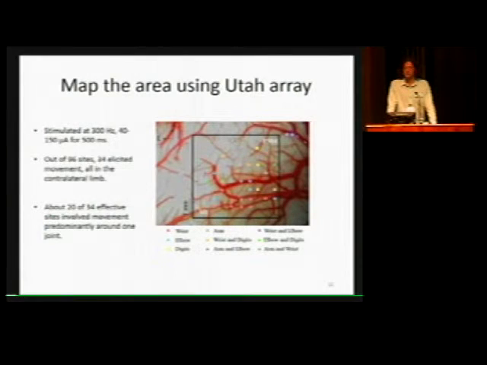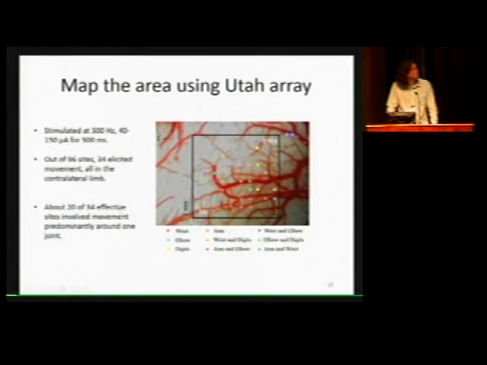We placed the monkey under anesthesia and stimulated at 300 hertz. Out of the 96 available electrode sites, about a third of them elicited movements, and all of them were in the contralateral limb. About 20 of them were predominantly around one joint, but there were also some complex movements.